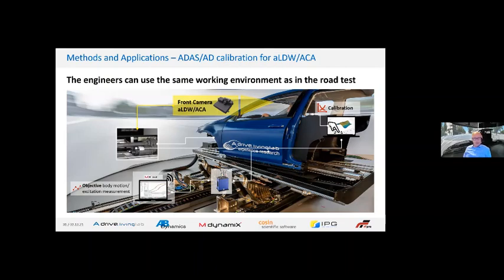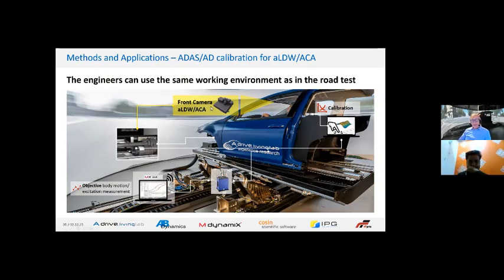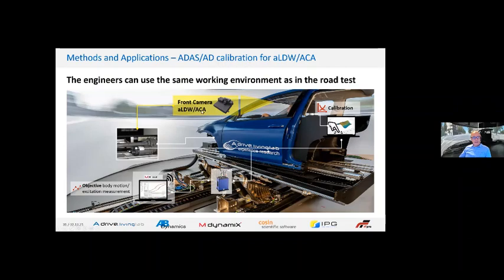An interesting use case: even if we have the steering system calibrated, we can then go to the next step to calibrate active lane departure warning, or in Volkswagen language, ASA, the active cruise assist, or the lane keeping assist.